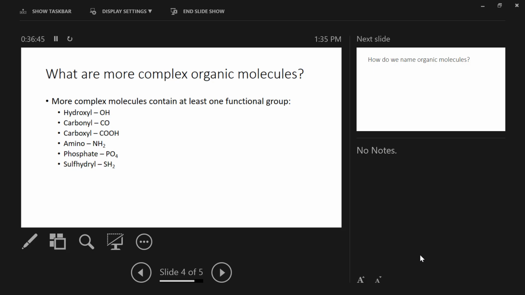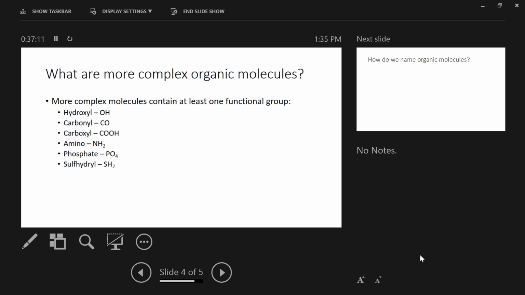Okay, how many bonds is this carbon making right now? 2, so it needs 2 more. And this carbon? 1, so it needs 3 more. And the name of this would be 1-sulfhydryl ethane. It's getting weirder and weirder.